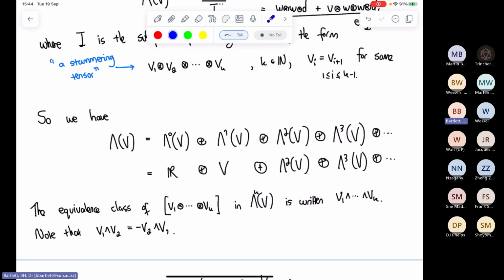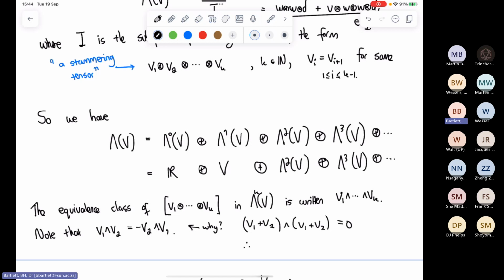Because you see, let's do that little calculation. Why? Let's check this. Well, what do I know? I know that V1 plus V2 wedge V1 plus V2 is equal to 0 because it's a stammering tensor. Right?